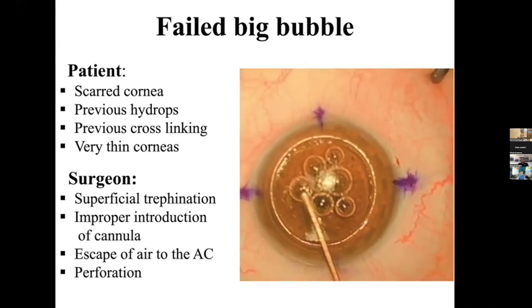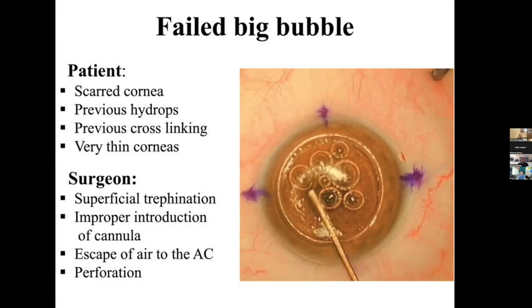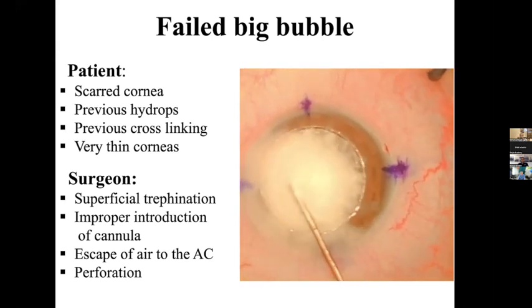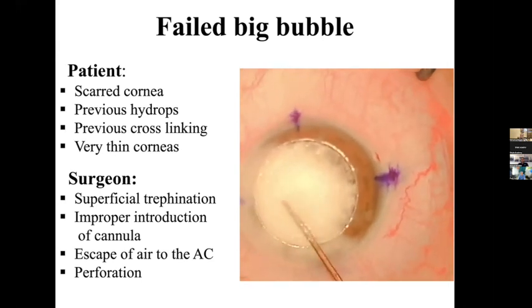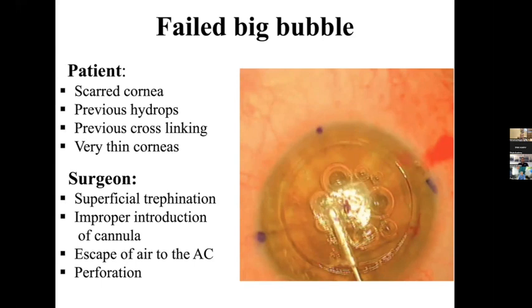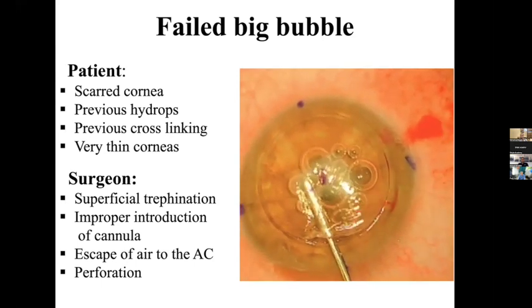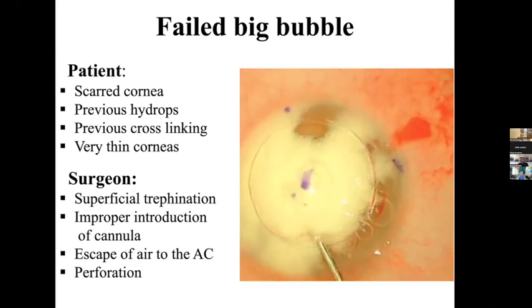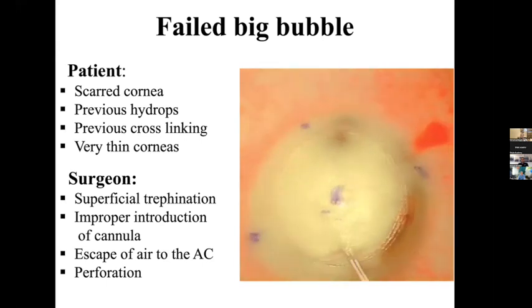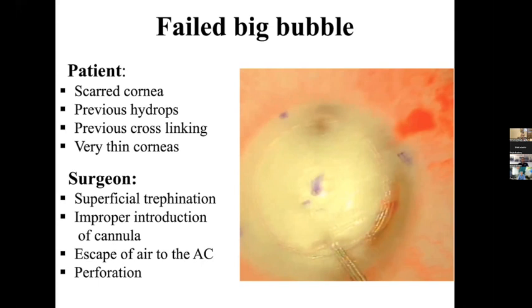It may also be related to the surgeon's technique. Superficial trephination, improper introduction of the cannula, escape of the air into the anterior chamber through the paracentesis or the trabecular meshwork, or perforation of Descemet membrane are all factors which may contribute to a failed big bubble, as in the shown videos.